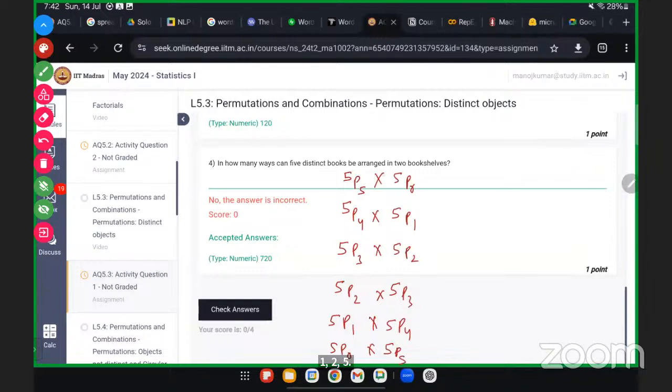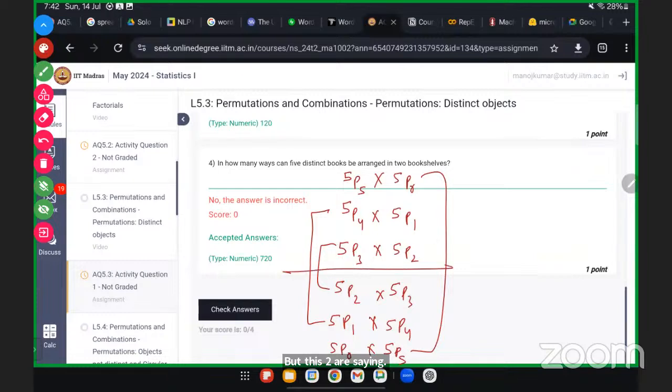So these two are the same, and these two are the same. So I can do this. If this is 5P5, that's just 5 factorial divided by 0 factorial, and 5P0 is 5 factorial divided by 5 factorial, so that is 1.